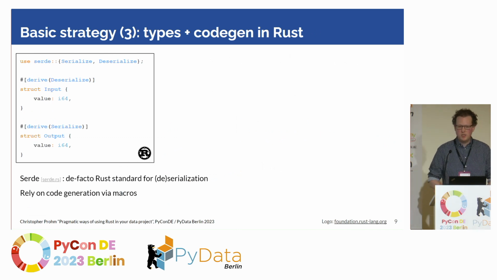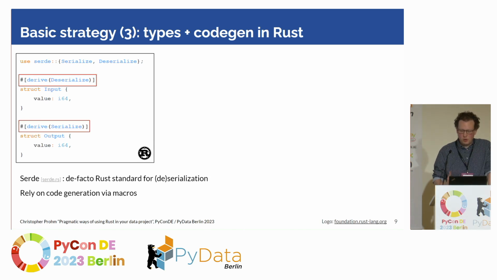In Rust, actually, we do the same. So here we define our types as well. In this case, it looks a bit different because it's a different language. We have our structs. This is essentially the data class part. And here we are again using code generation, so everything with a hash. And we're using a library called Serde for serialization and deserialization, which is a de facto standard in the Rust ecosystem, to get types serialized and deserialized.